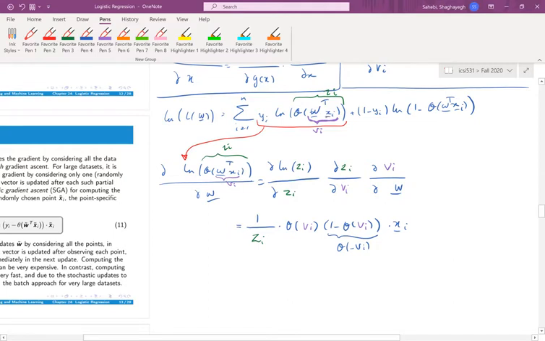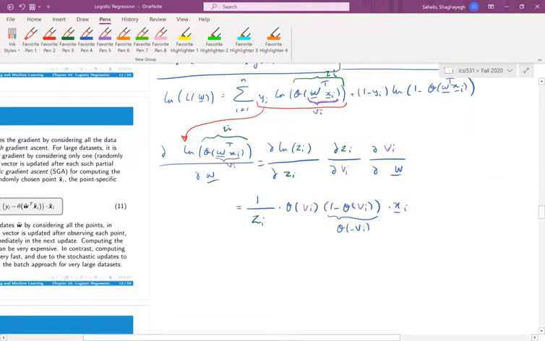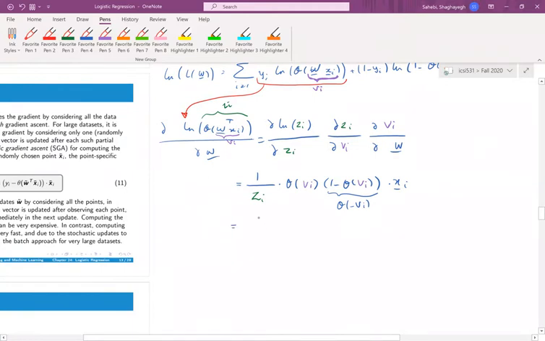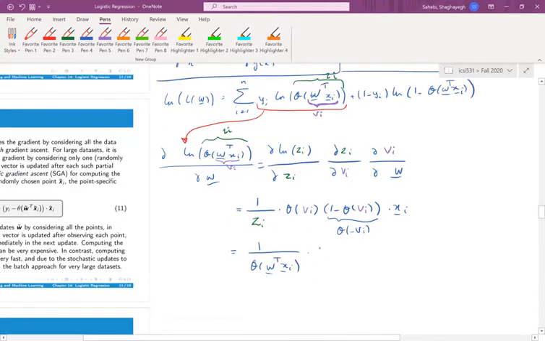Okay, so writing back the Zi and Vi in terms of their original format, it means that we have 1 over theta W transpose Xi, that is our Zi, right? Multiplied by theta of Vi. Vi, what was Vi?